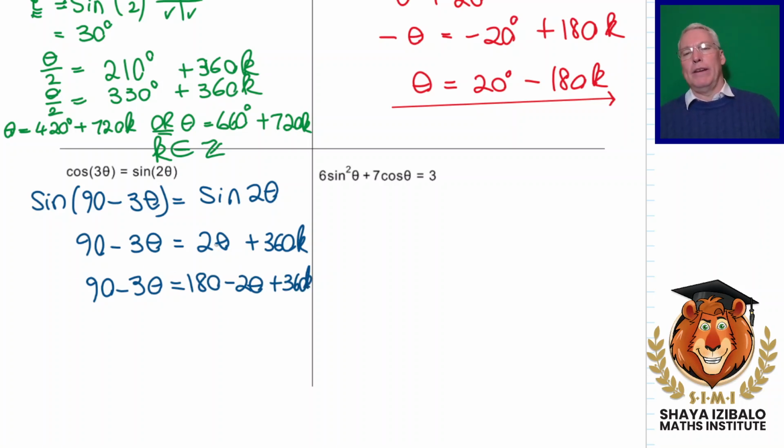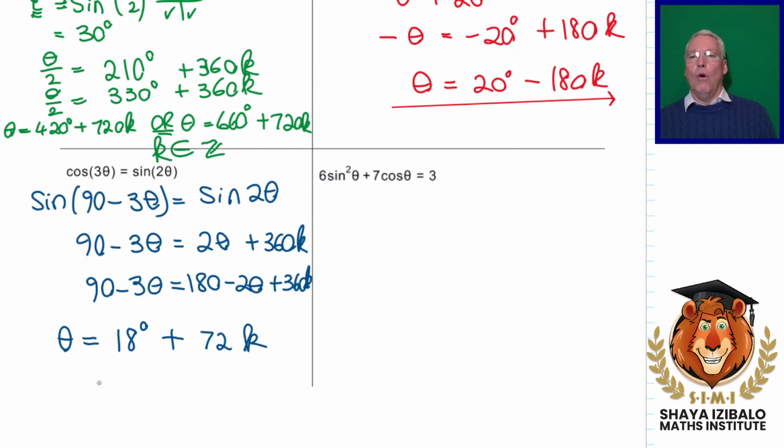And now we simply need to solve for theta. Subtract 2 theta from both sides, we actually get negative 5 theta. If we subtract 90 from both sides, we get negative 90. When we divide both sides by negative 5, we get 18 degrees plus 360 divided by 5, which is 72k.